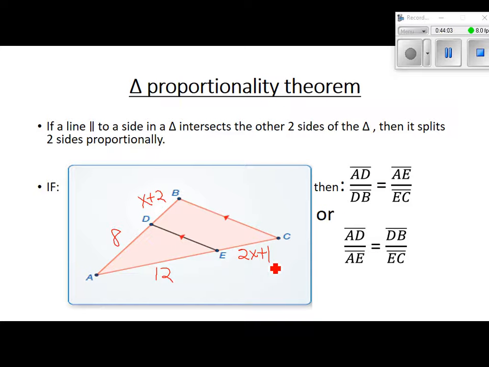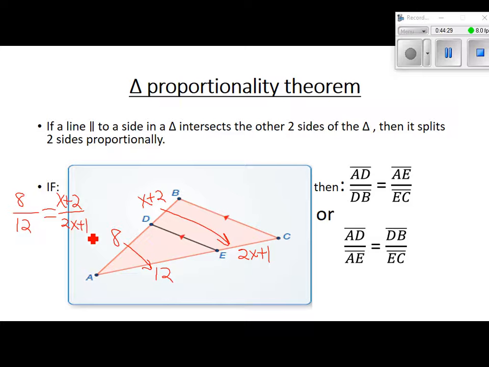If you split off the triangles, it makes it a little harder because to find this whole length, you got to add these 2 expressions. So with the way I have it set up here using this theorem, we could just match it up. 8 matches up to 12. This matches up to that. The same as x plus 2 matches up to 2x plus 1.